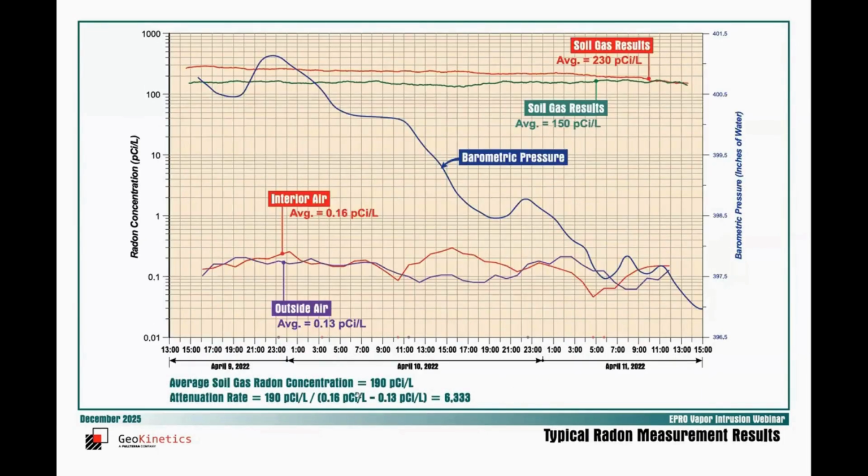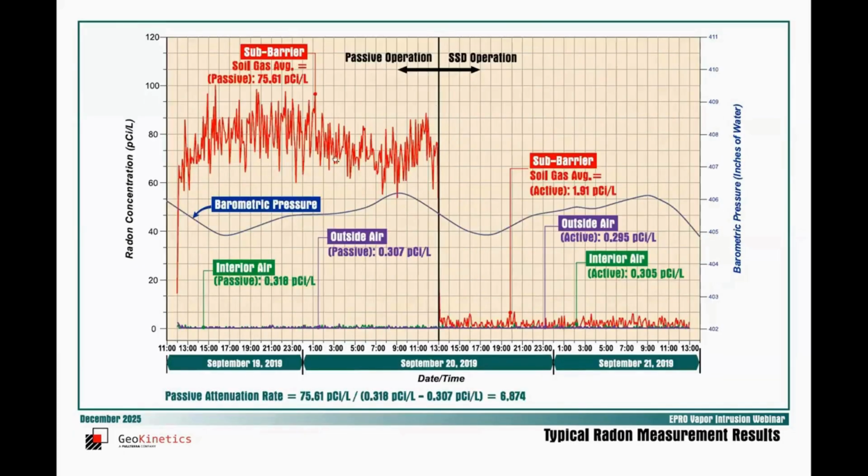And for this data, we calculate an attenuation rate of just over 6,000. It's not unusual to find attenuation rates with a good installation of 10,000, 20,000, even 30,000, which compares to the 33 default attenuation rate, which is used by the state of California. So you can get very high levels.